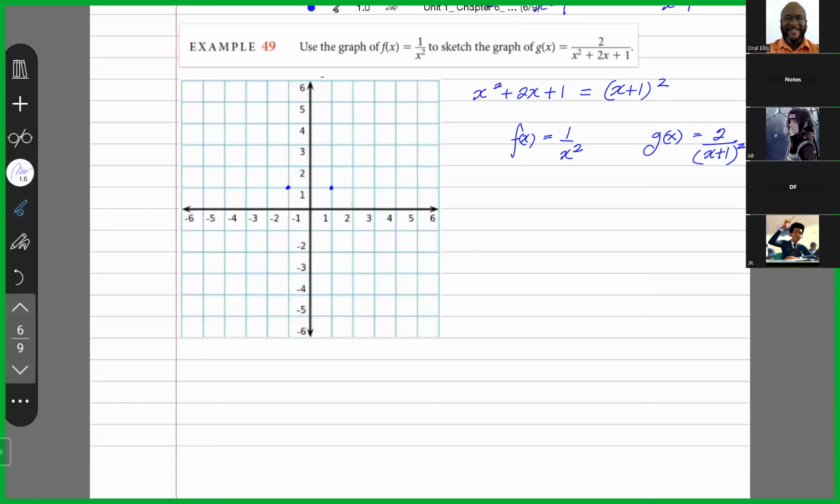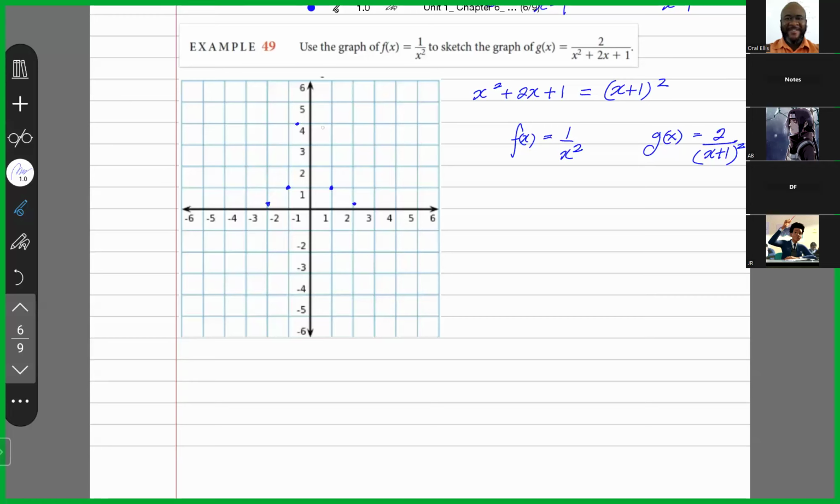So that will put us somewhere around here. When x is minus 2, f of x would be a quarter, somewhere there. When x is a half, f of x would be 4. So that would put us here and here.